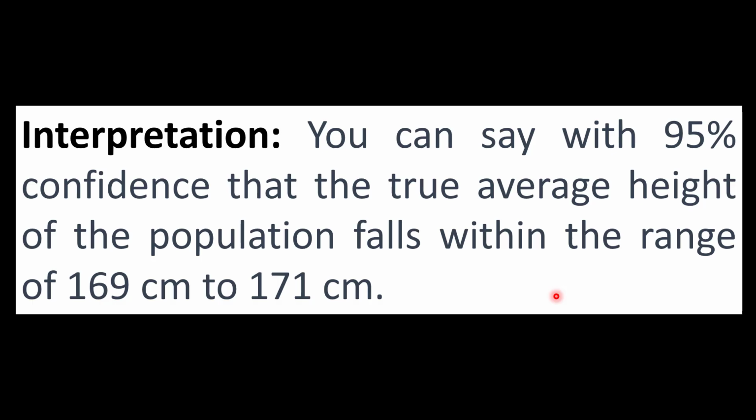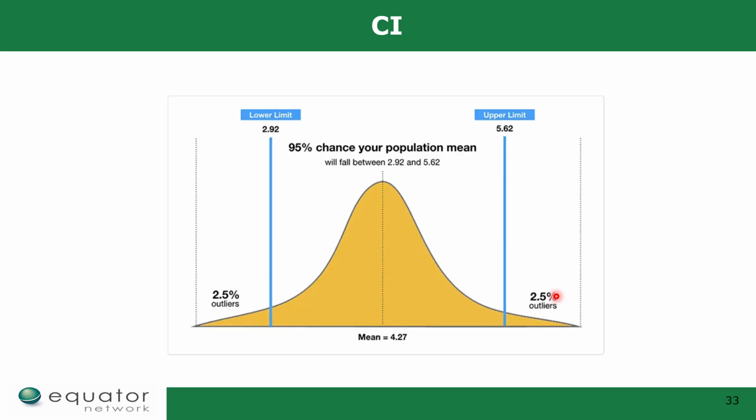So nearly the mean of the population will be 169 to 171. This is the mean and those are the standard deviation. This is the standard deviation. But here, this is the confidence interval. So if I repeat the experiment on those patients, I am 95% confident that the mean will lie between those two values.